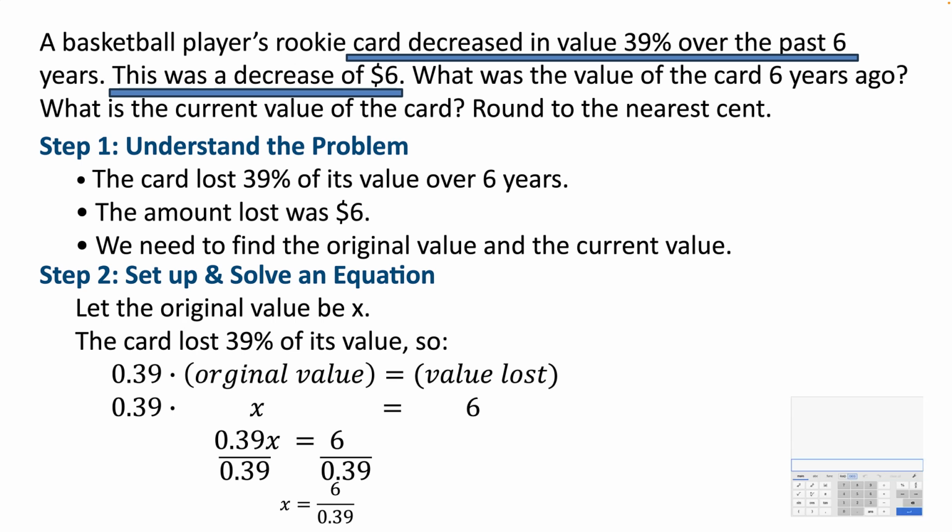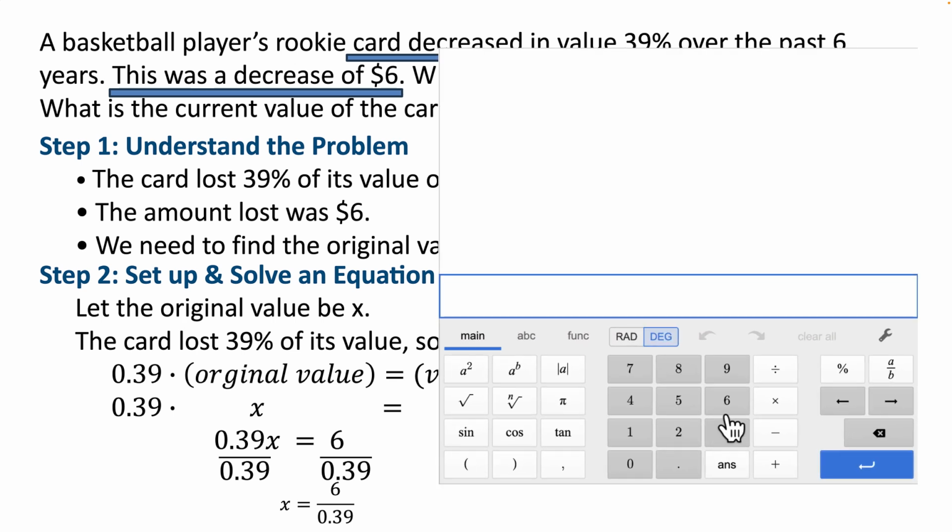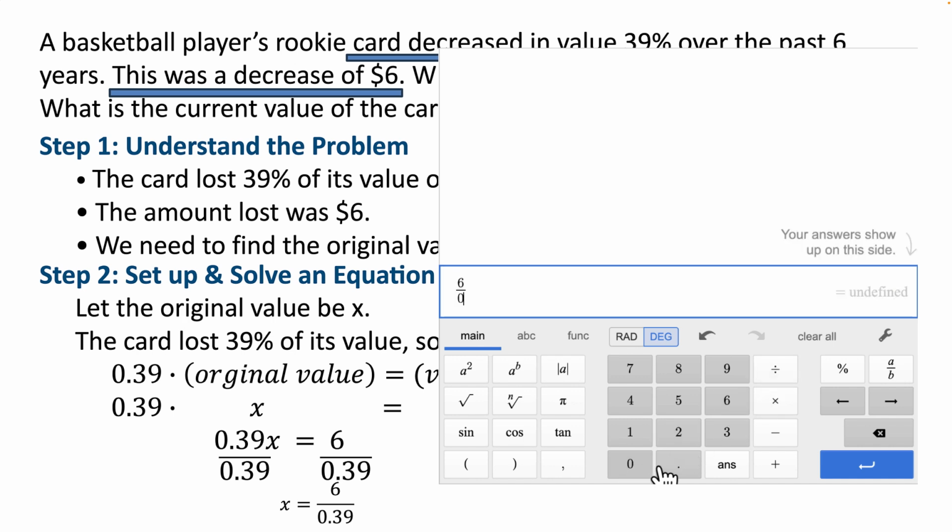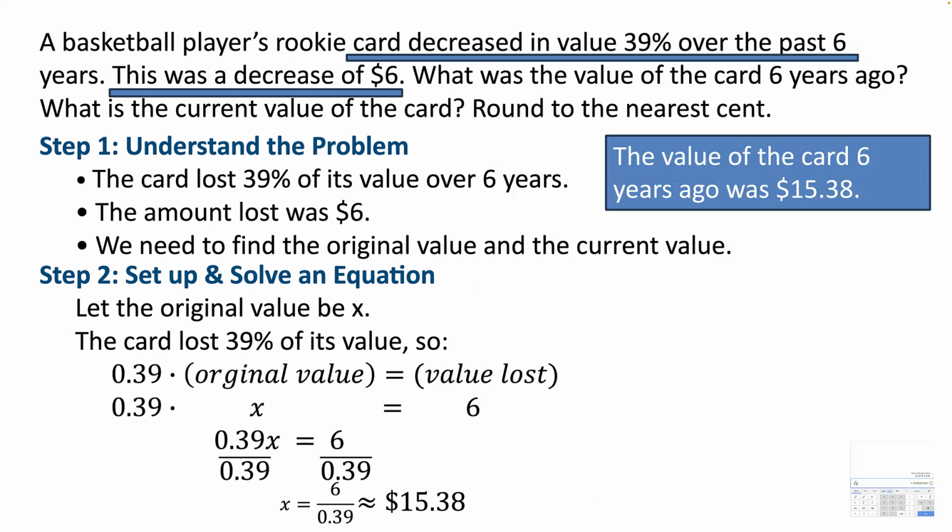Now let's use our calculator to divide these two numbers and then round the value to the nearest cent. It looks like rounded to the nearest cent, this would be $15.38. So the value of the card 6 years ago was $15.38.